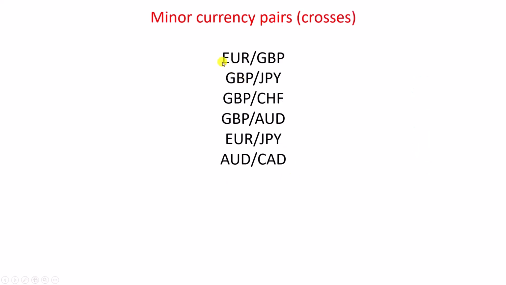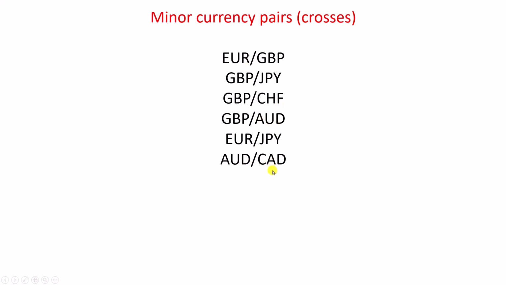Next we have what are called minor currency pairs. These are also called crosses. Now these pairs are made from major currencies except USD. If you see here, we have Euro, GBP, JPY, CHF, AUD and CAD.